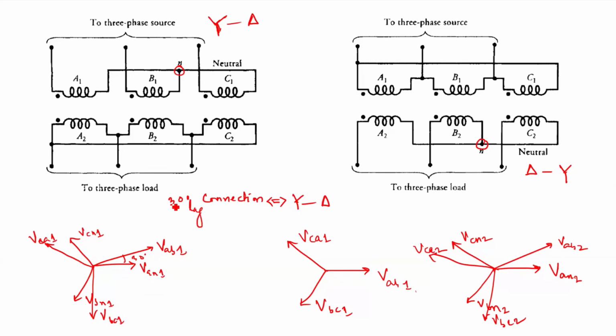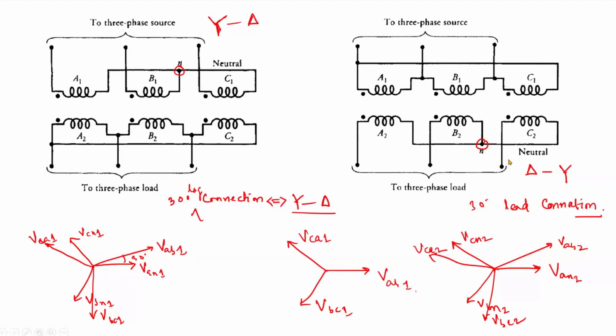Therefore, delta star is a 30 degree lag connection. For star delta, it is a 30 degree lead connection, because the secondary side line voltage is leading the primary side. Here the secondary side line voltage is lagging the primary side line voltage, so it is a 30 degree lagging connection. Okay, so this is the difference.